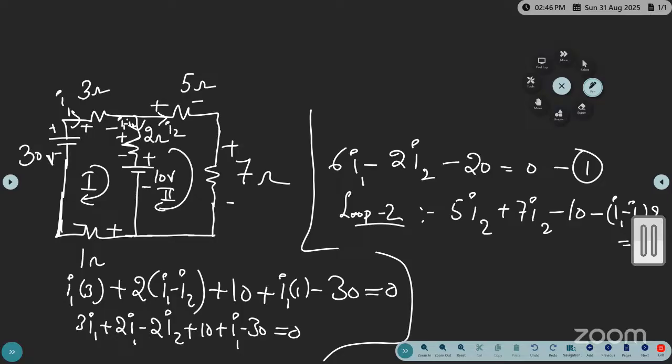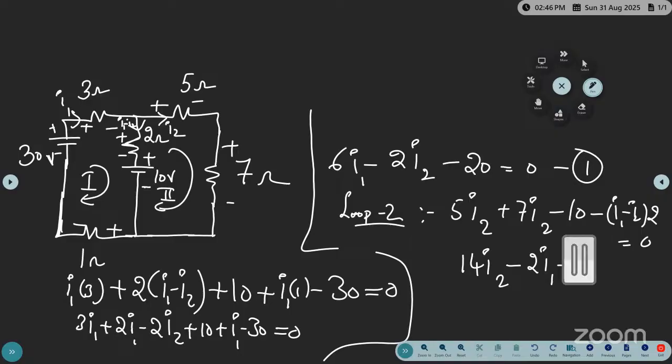So 5I2, 7I2, that is 12I2, and plus 2, 14I2 minus 2I1 minus 10 is equal to 0, equation 2. So 14I2 minus 2I1 minus 10 is equal to 0. This is the second equation.